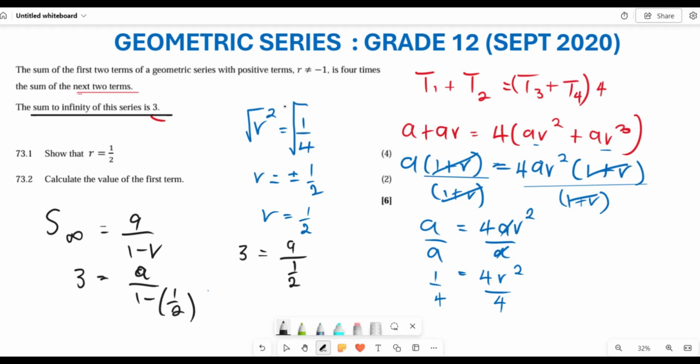So from here I want to multiply the half with 3, and if I cross multiply, this is going to be the same as 3 over 2. So if I multiply these two, I am going to have my a as 3 over 2 altogether. So basically this is what I am going to have as the value of my a, right?